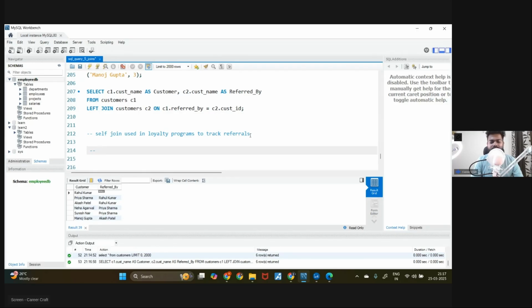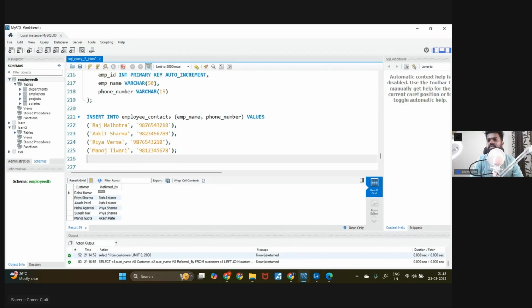For that, I will again give you one table. Find duplicate values. Please try to execute this table.